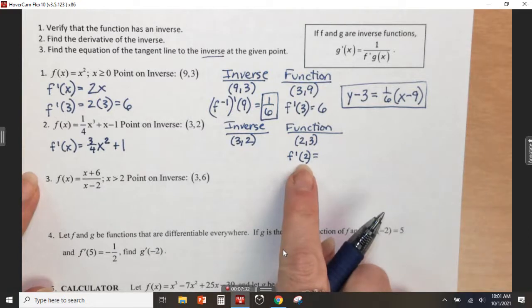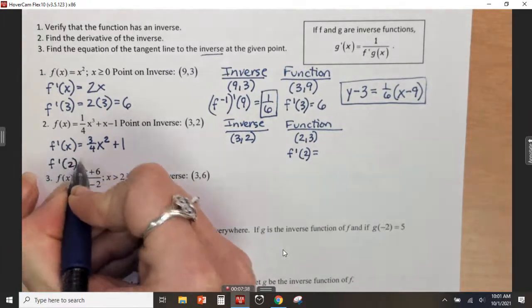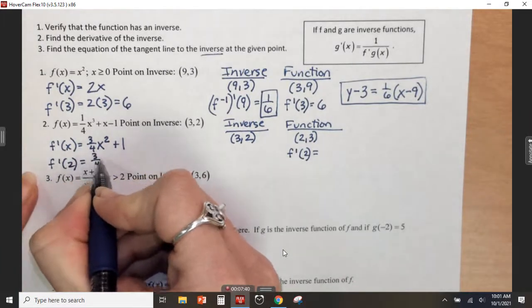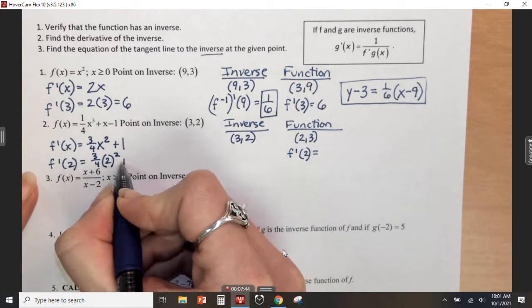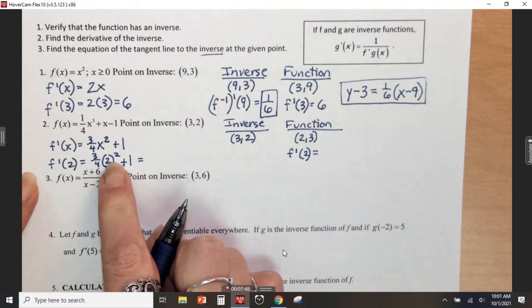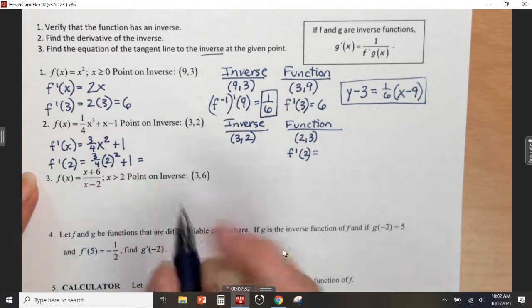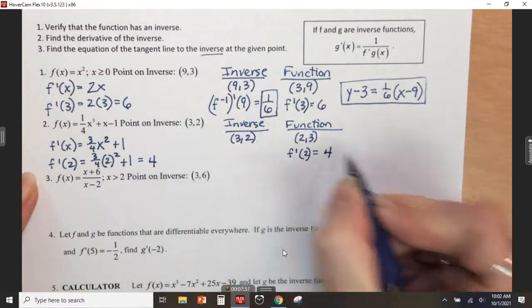Now we're going to substitute a 2 in for the x in that derivative. So f prime of 2 equals 3/4 of 2 squared plus 1. So that's 4. 3/4 of 4 is 3, plus 1 more equals 4. So this is 4.